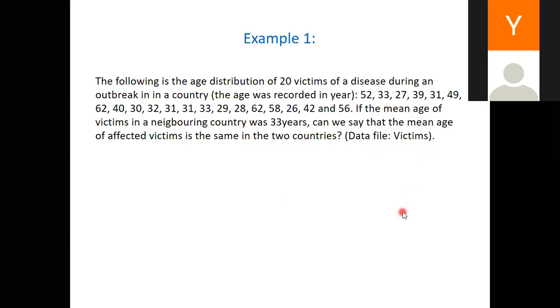You can see this data is of Ebola victims in the country. When I was doing the training, one of the epidemiologists on the team in the country came to attend the training and I brought the data.